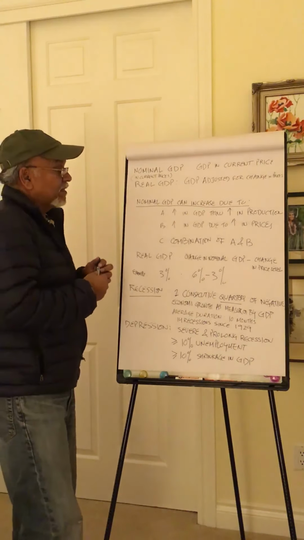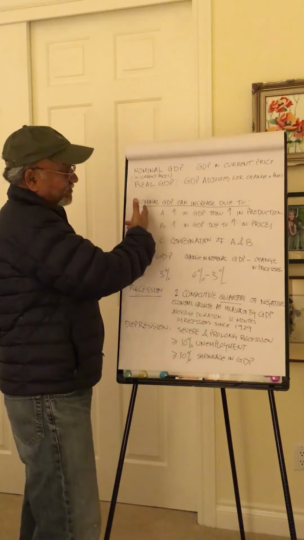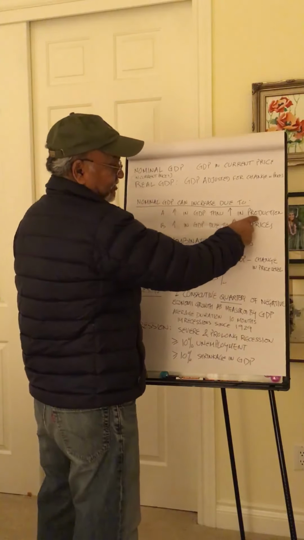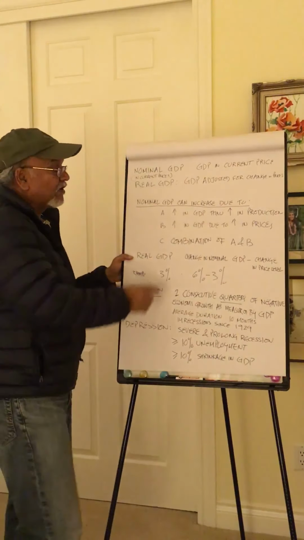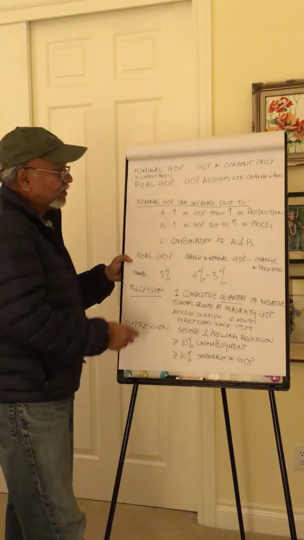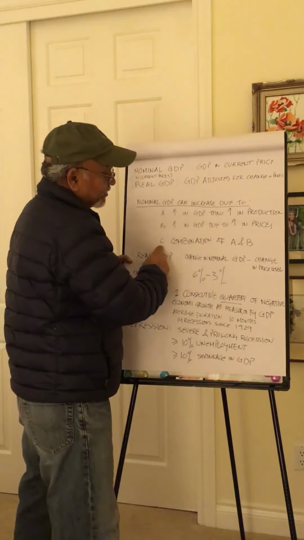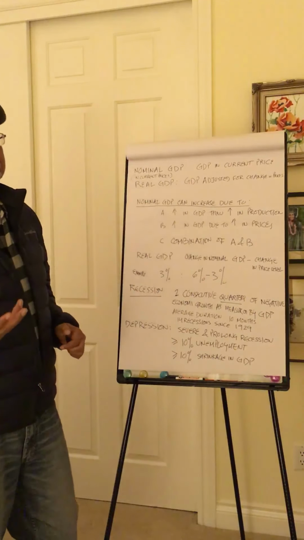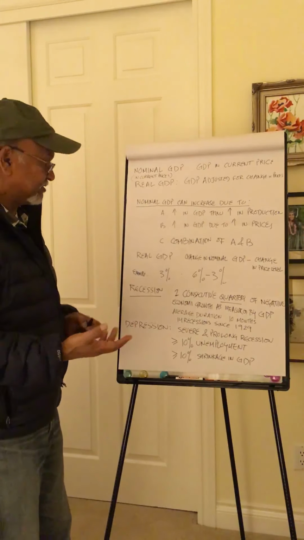So GDP can increase due to an increase in production, or GDP can increase due to an increase in prices, or GDP can increase due to a combination of some increase in price and some increase in production.